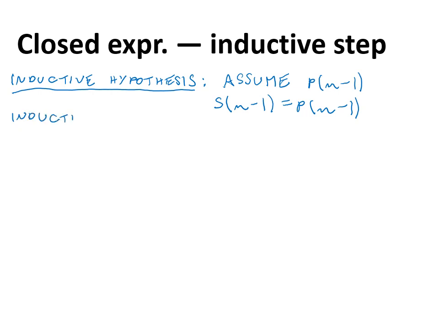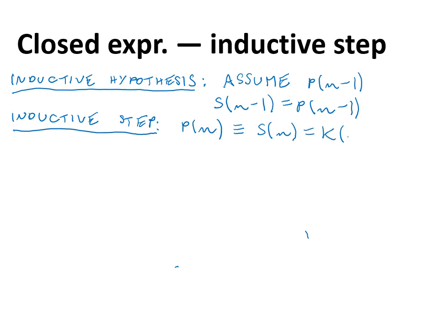And now, as usual, the key part of our proof is the inductive step. So in the inductive step, because we assume that P of n minus 1 holds in the hypothesis, we want to show that P of n holds. Meaning that S of n is equal to k of n.